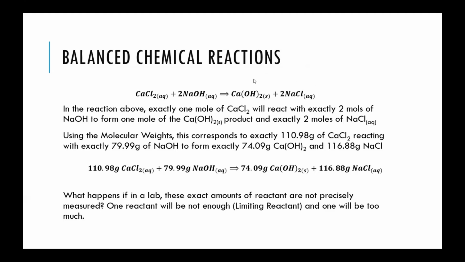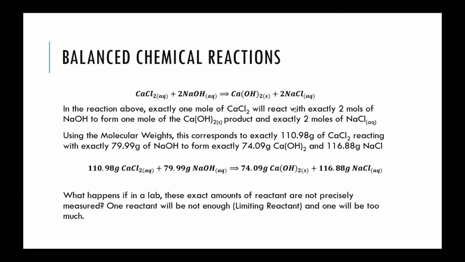These are the products. In this balanced chemical equation, you have 1 mole of calcium chloride plus 2 moles of sodium hydroxide to give 1 mole of calcium hydroxide and 2 moles of sodium chloride.